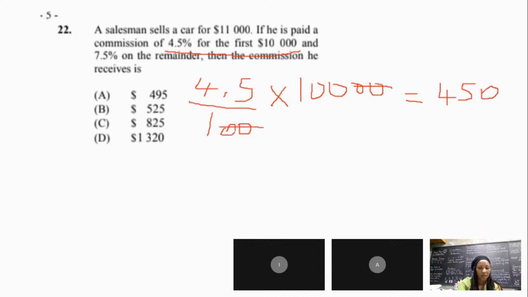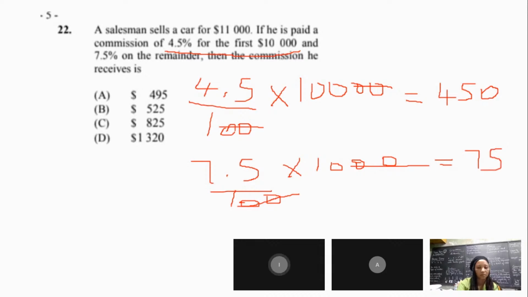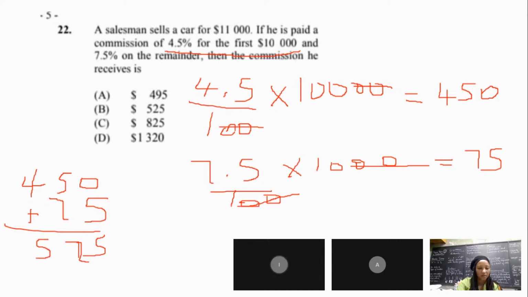And then 7.5 percent of the next 1,000. So the two zeros cancel, and that would give you 75, miss. And 75 plus 450 is $525. Right.